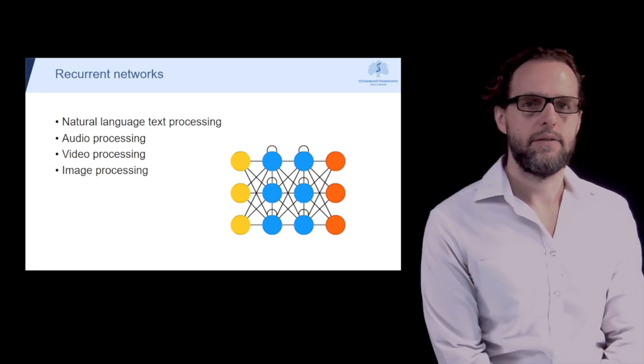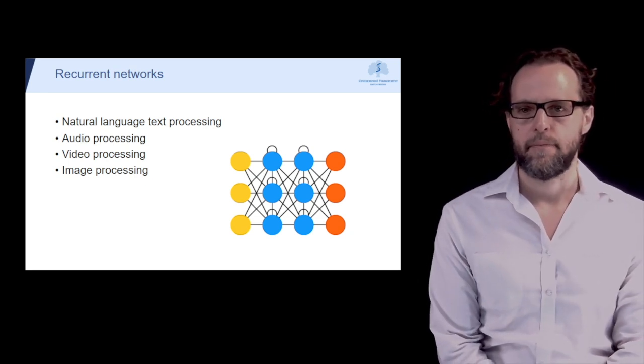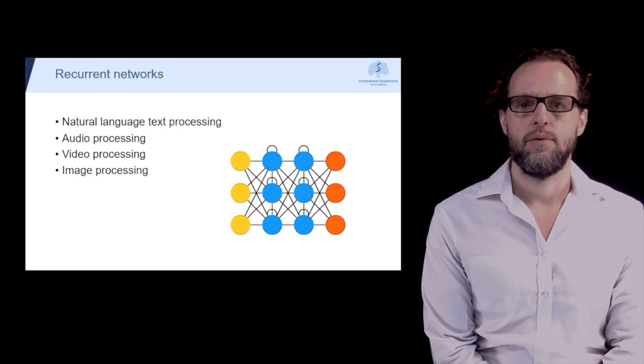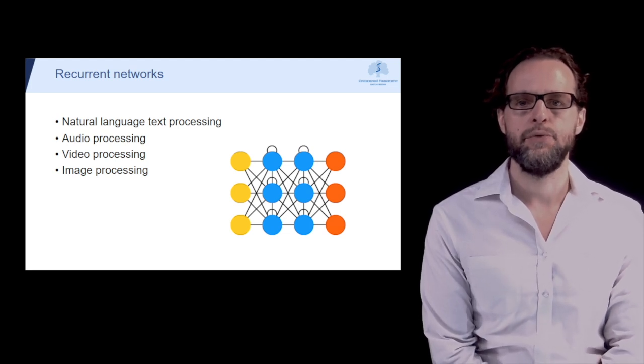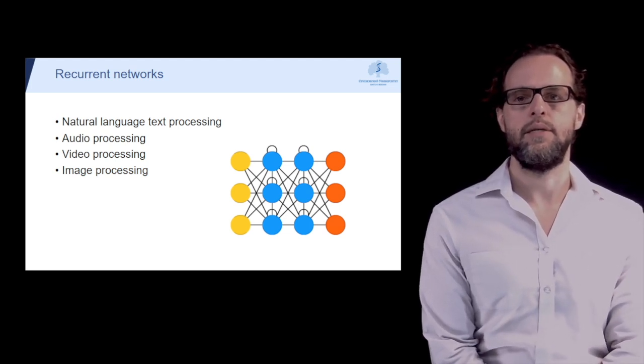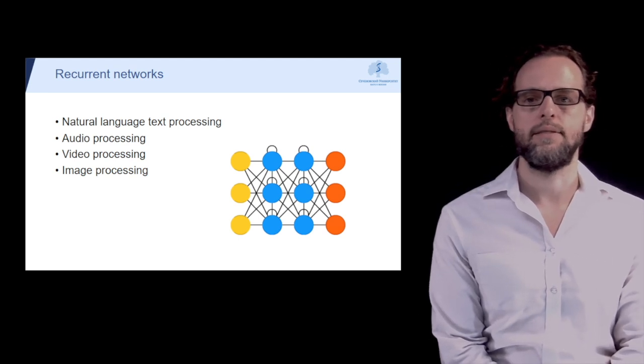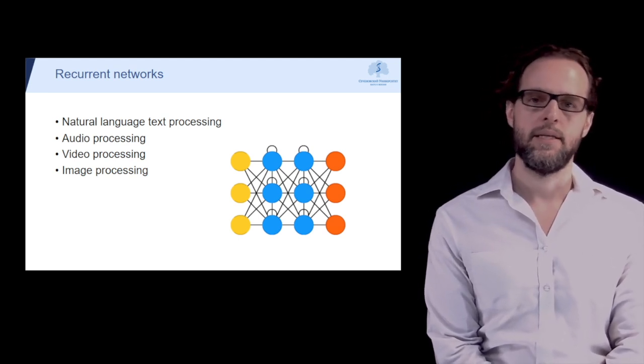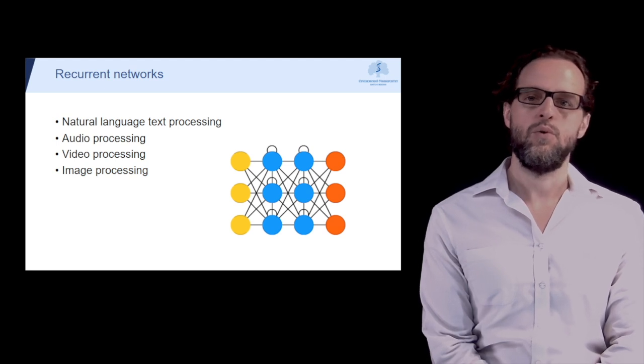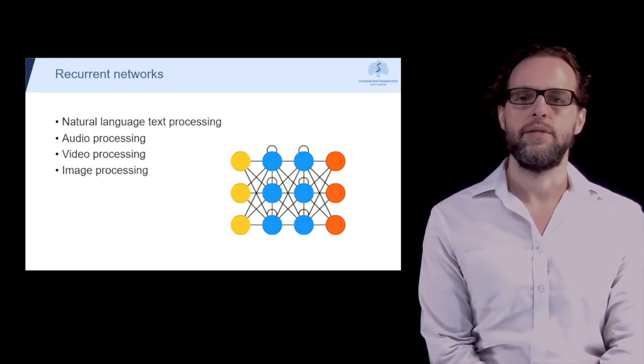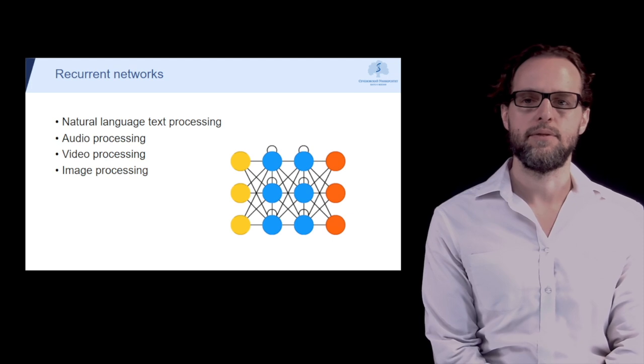Recurrent neural networks, or RNNs, are a type of model architecture typically used in scenarios where unstructured data comes in the form of sequences. They are most often used to solve natural language processing problems.